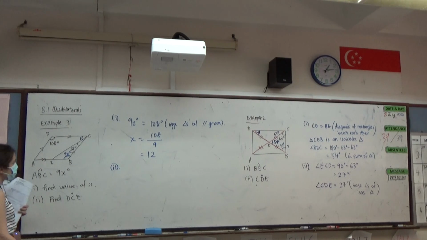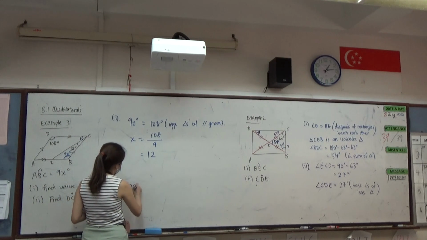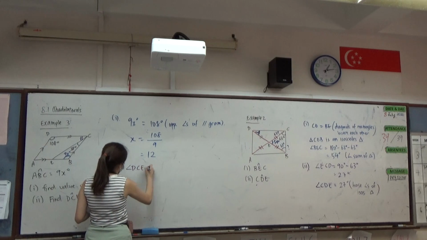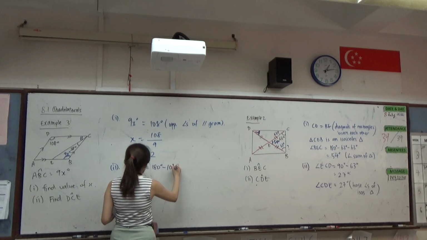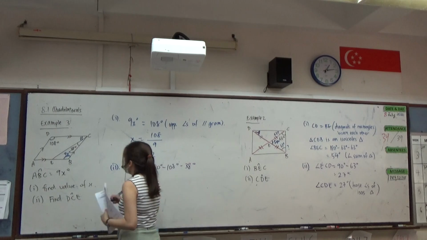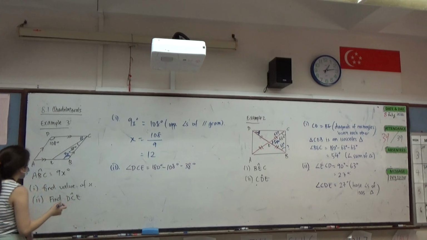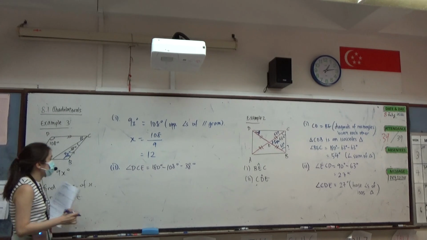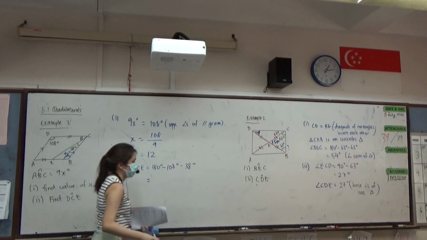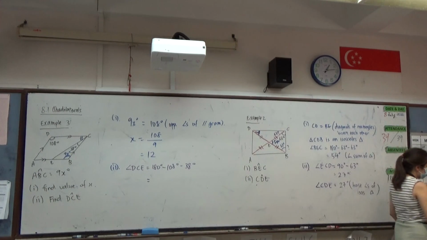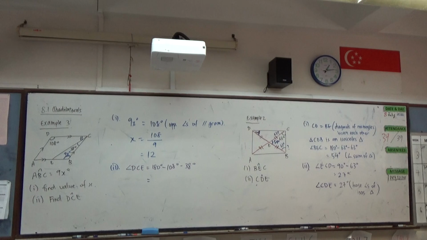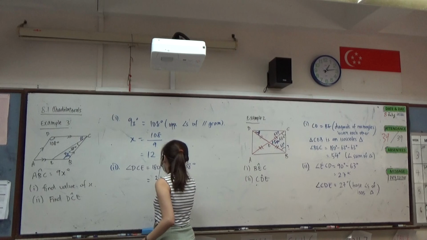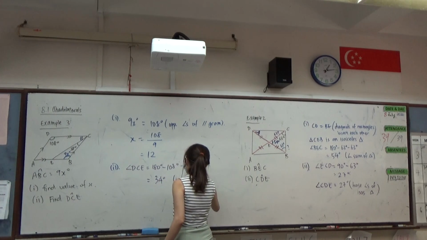Okay, why are we doing that? What triangle is there here? Okay, interior angles. Yes, very good. But I don't think you know why it is interior angles. So the answer will be 34 degrees. Interior angles, parallel lines.